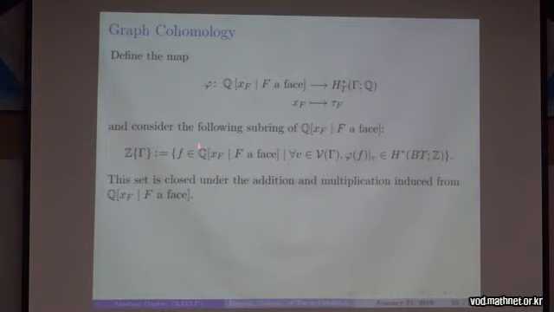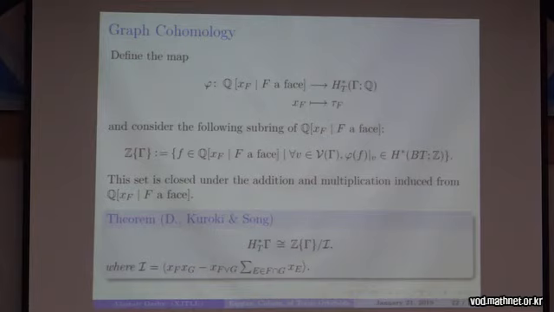I think this Q should actually be a Z. But this is a set of polynomials so that when we map them across, each vertex will be an element of H star BTZ. It'll be a piecewise polynomial, an integral piecewise polynomial. So some sort of integrality condition. Because this set is closed, this will form a subring.